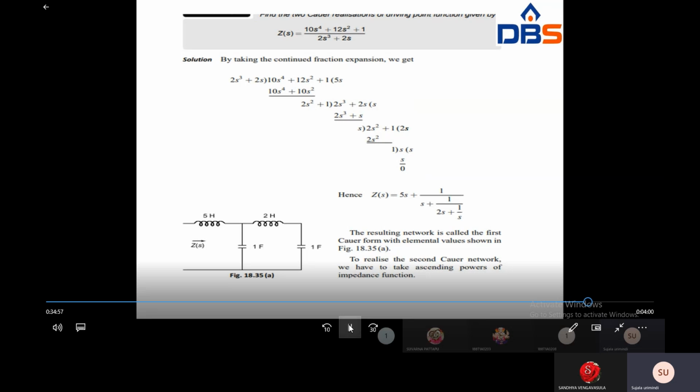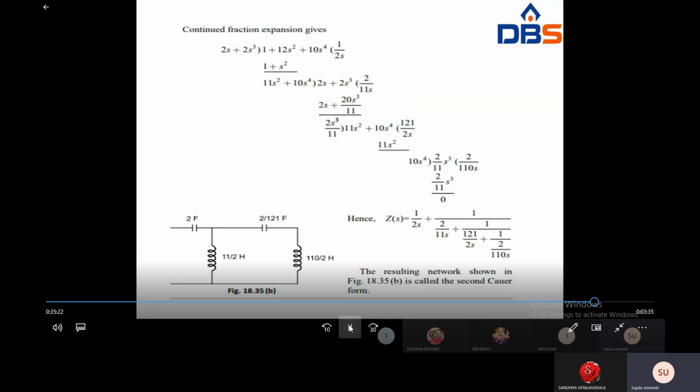So whatever the equations are, we have to divide the total equation, then you get the form. 5s into s we have taken as inductance. In s, L, C, that network will be a combination of L, C, like that for a continued fraction.